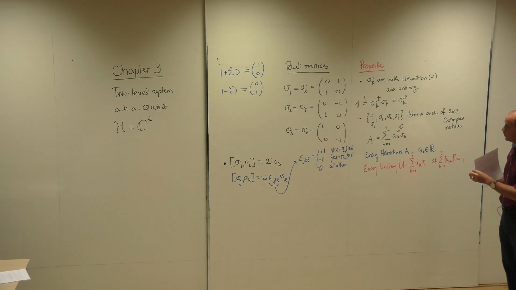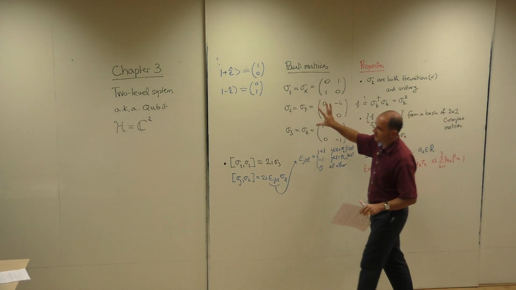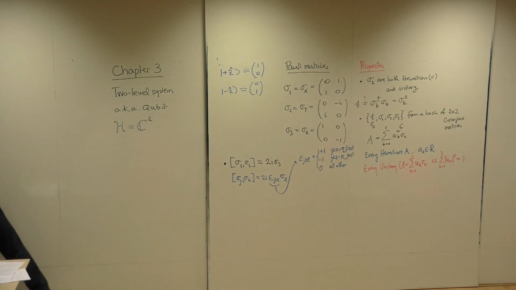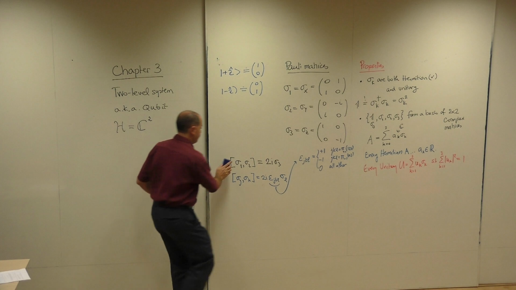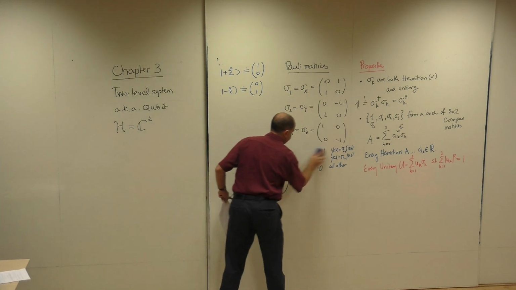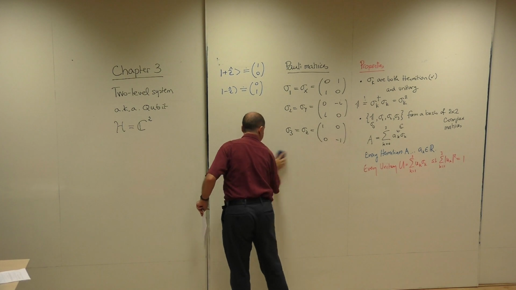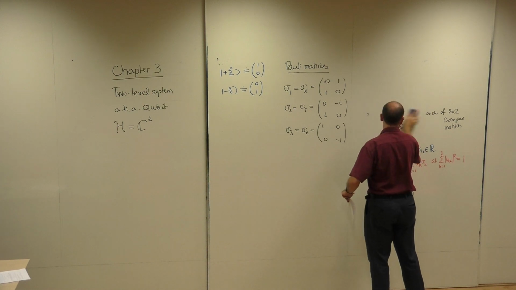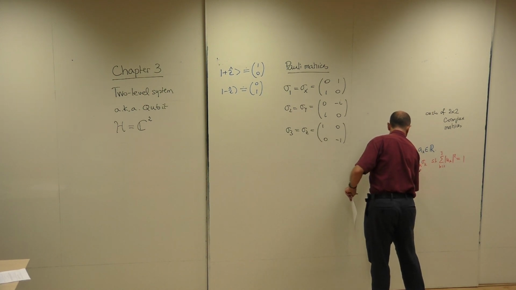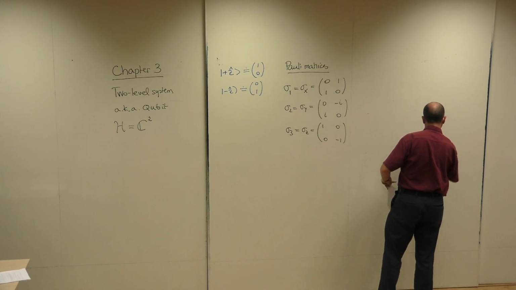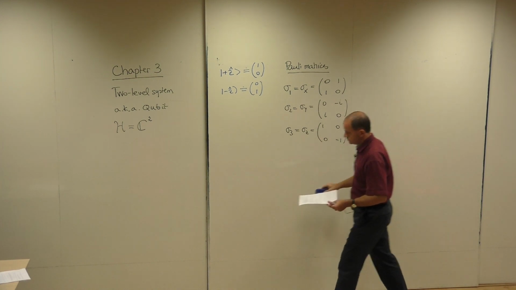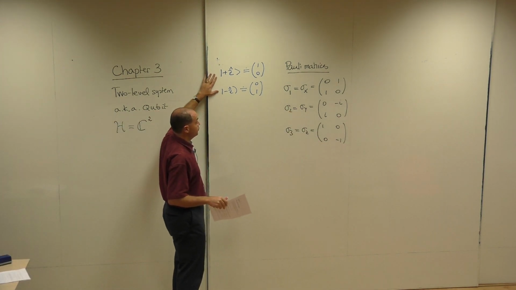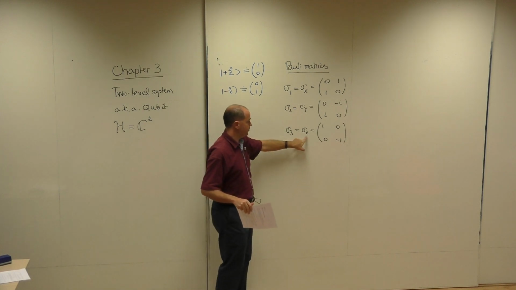Now, let me erase the properties and continue playing with these matrices and with those vectors and look at the eigenvalues and eigenvectors of these matrices. Okay, so it is clear that our two computational basis vectors are the eigenvectors of sigma z.